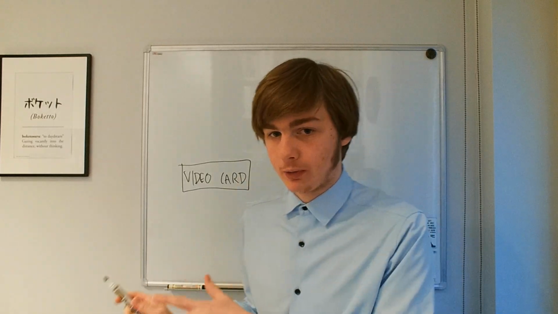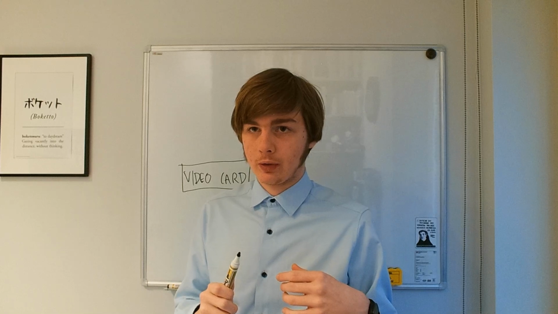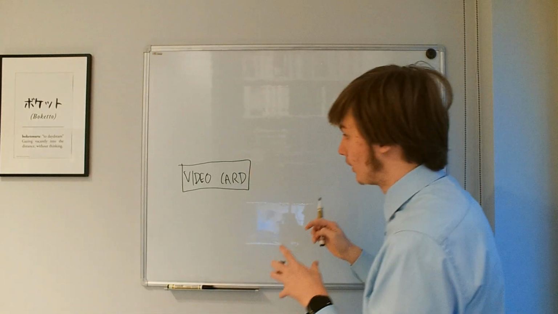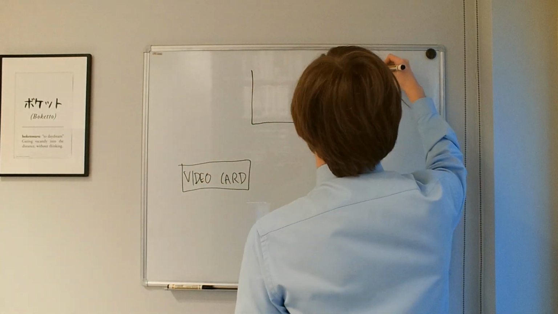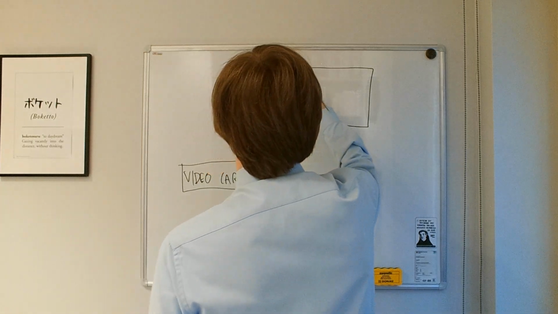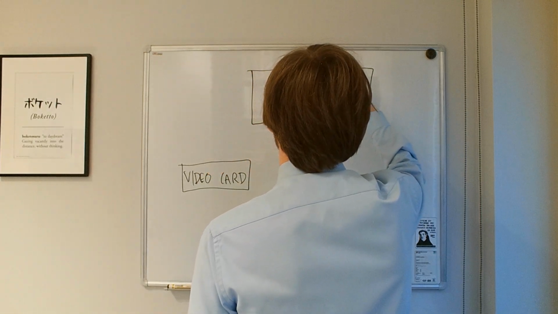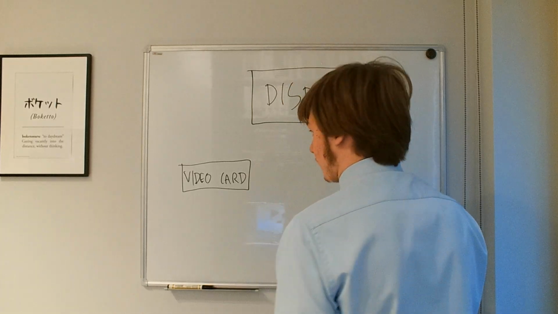So we have this video card, which is the actual thing that is directly connected to some sort of monitor, or, well, it doesn't have to be a monitor. It's any sort of display. Okay?